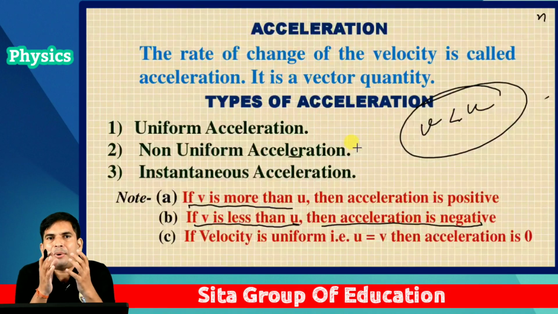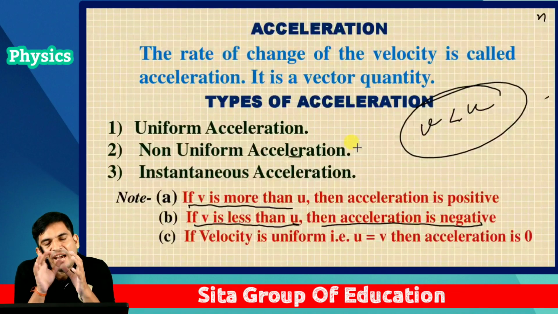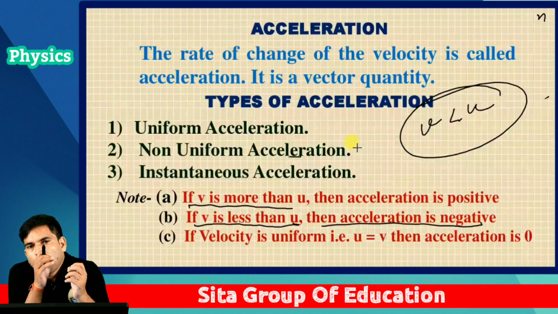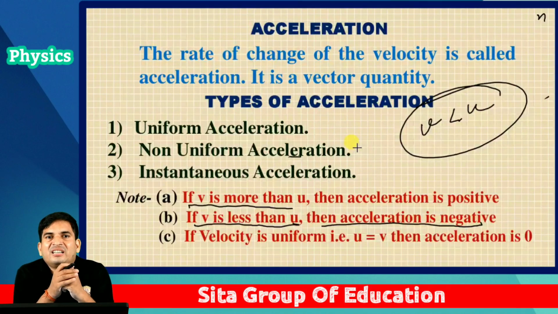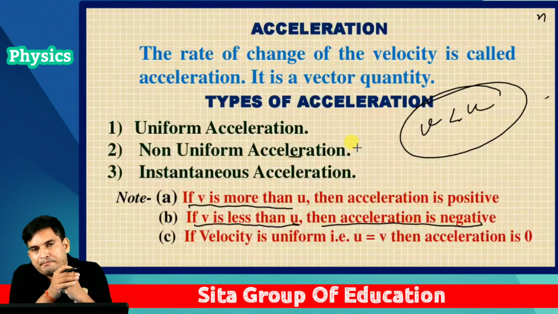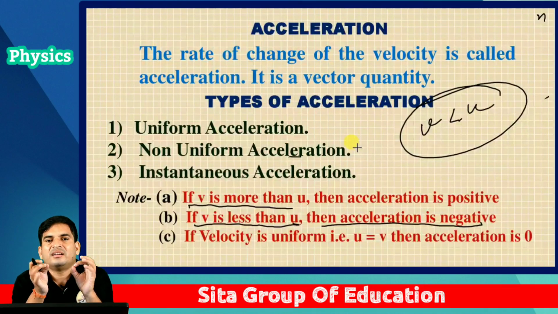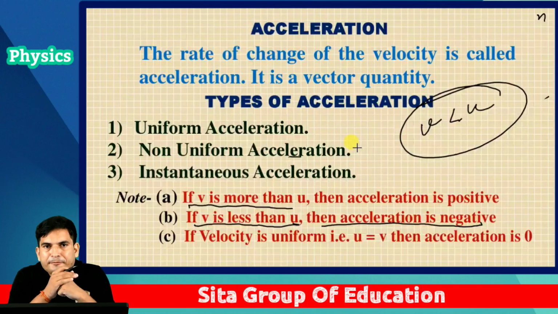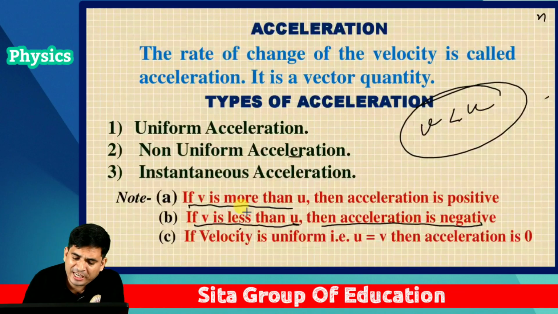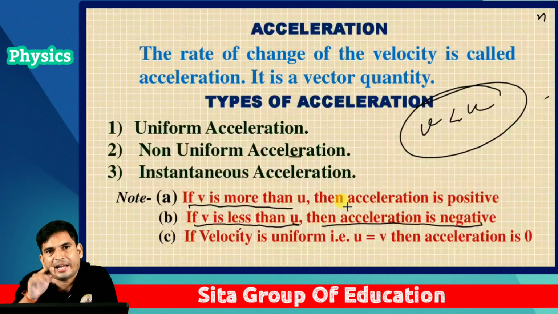Such type of acceleration is known as retardation, deceleration or negative acceleration. Three names: negative acceleration, retardation and deceleration. All of these are the same thing. If V is less than U, then acceleration is negative.